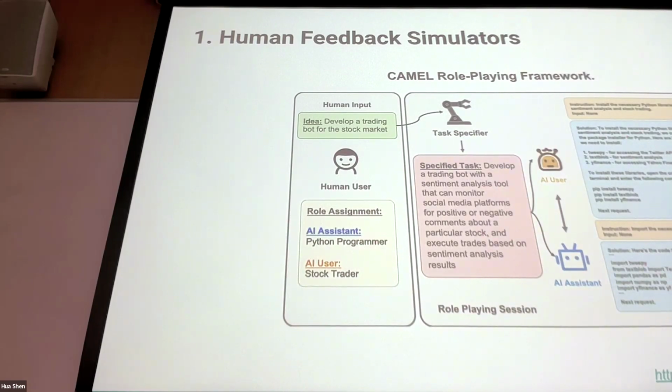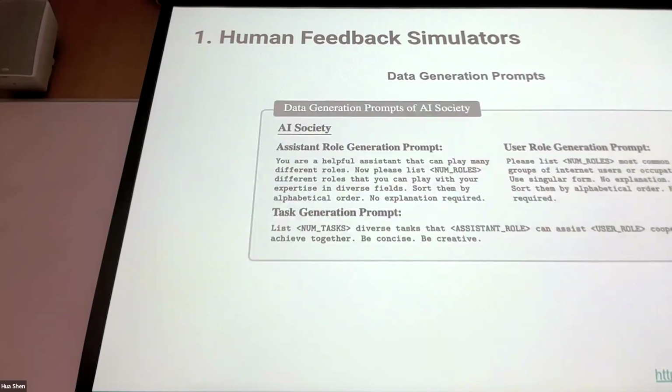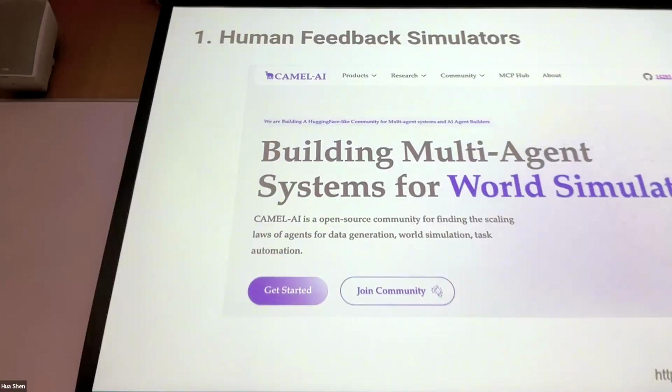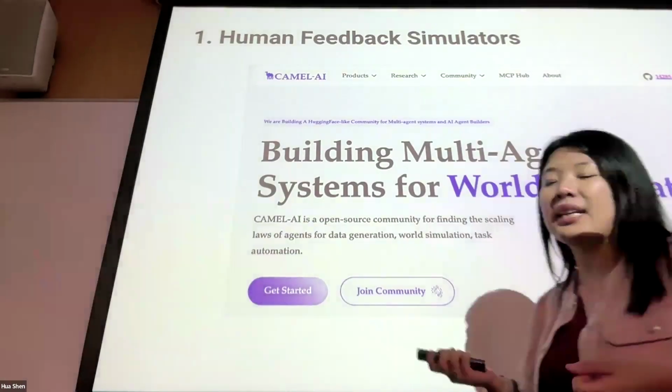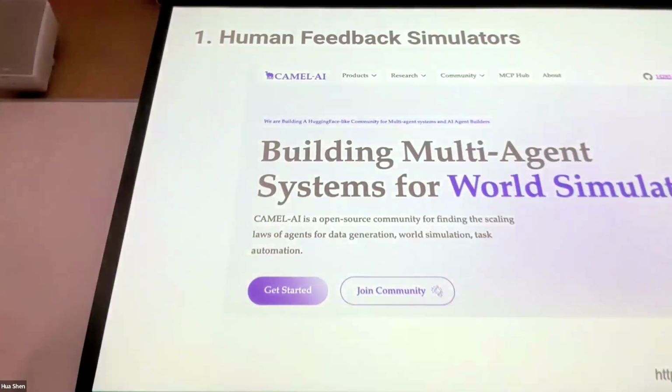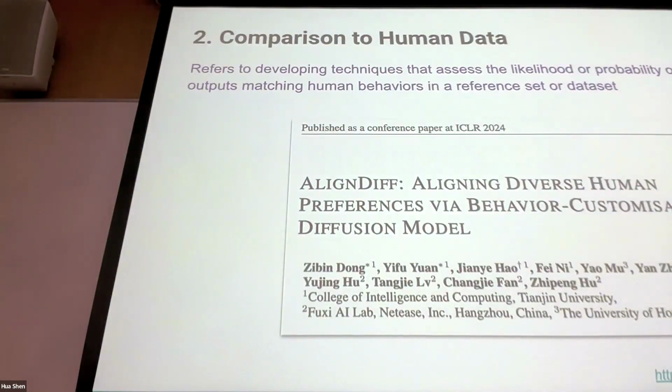So this is a good platform to use if in the future you need to allow LLMs to simulate human feedback. Feel free to check it. These are some prompts they use, and this is the platform if you might need it in the future. I didn't check it further, I just found it when looking deeper into this paper.